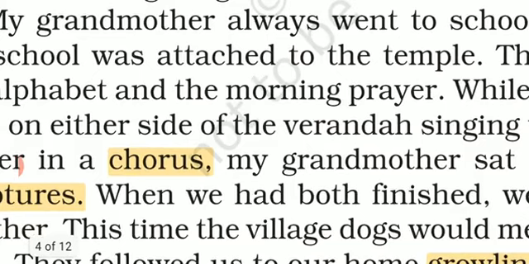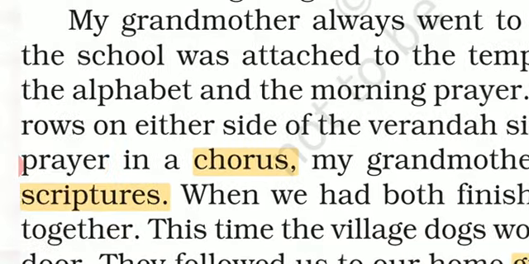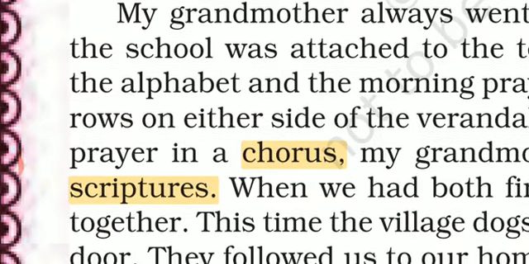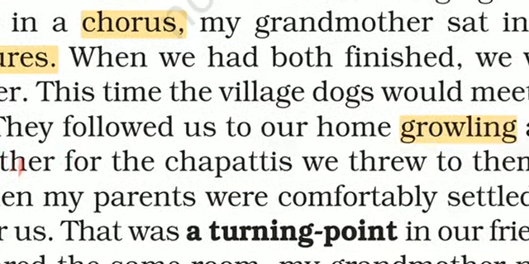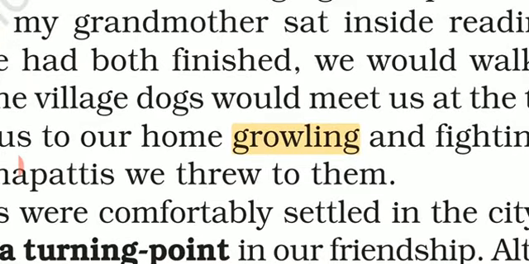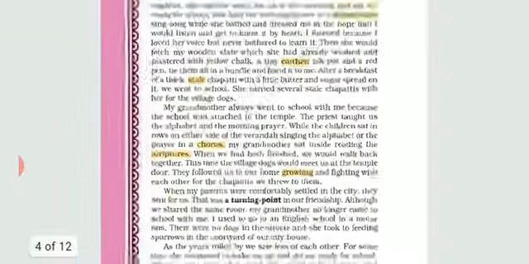The next word is chorus, which means in a group. Scriptures. Scriptures mean religious books. And then we have this word growling. Growling means a low noise made by dogs. This is what it means here.